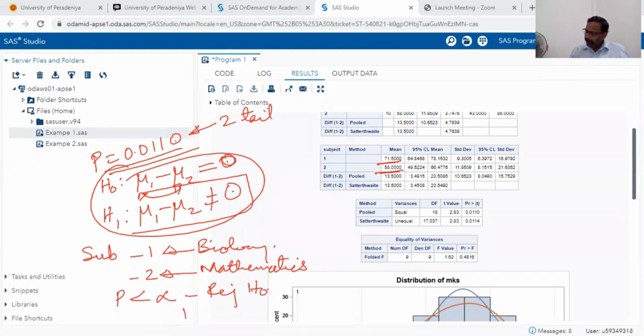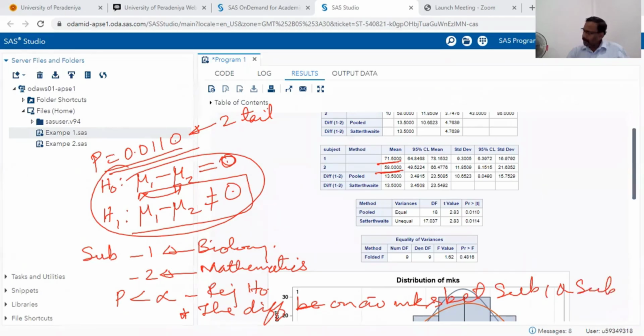So that means there's a significant difference on average marks between subject 1 and subject 2. That is how we write. This is how we report.